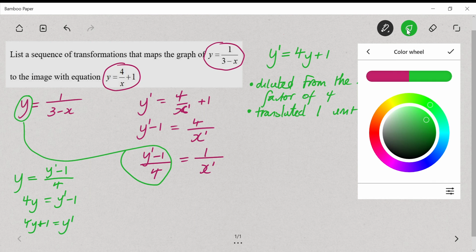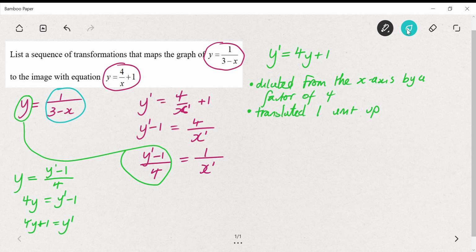And now I can consider what's happened horizontally by saying, well, that 1 on 3 minus x has become this here. So clearly this x prime on the bottom is got from going 3 minus x. So I don't need to do any working out there because it's already directly written there.